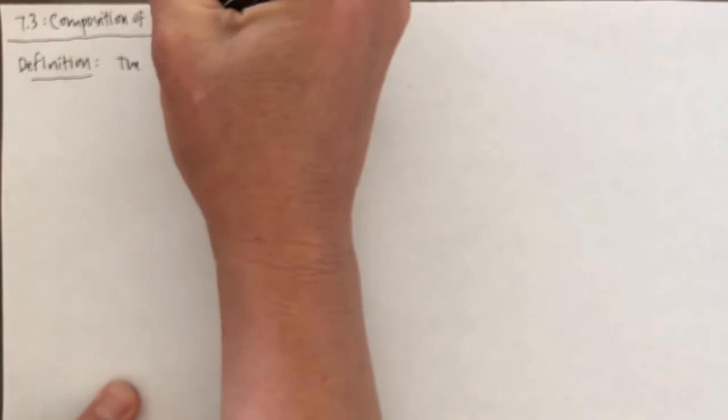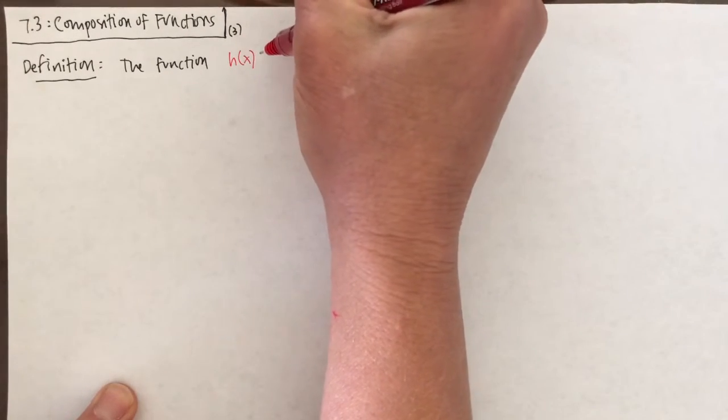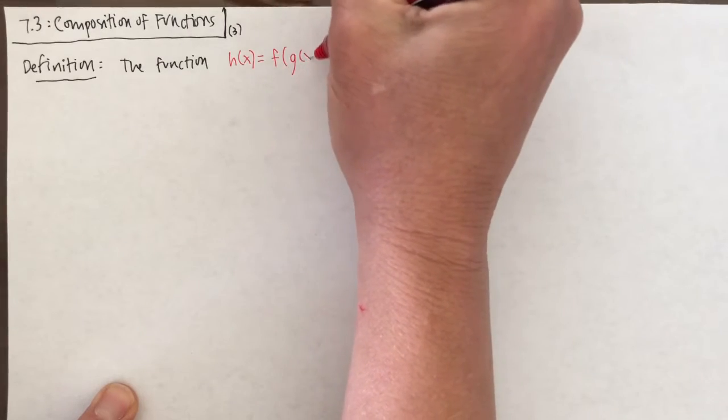Okay, so those were some examples to get us to the idea of a composition of functions. And now we're going to get more specific and more precise about exactly what this is. So by definition, the function, and we'll call this one h of x equals f of g of x.